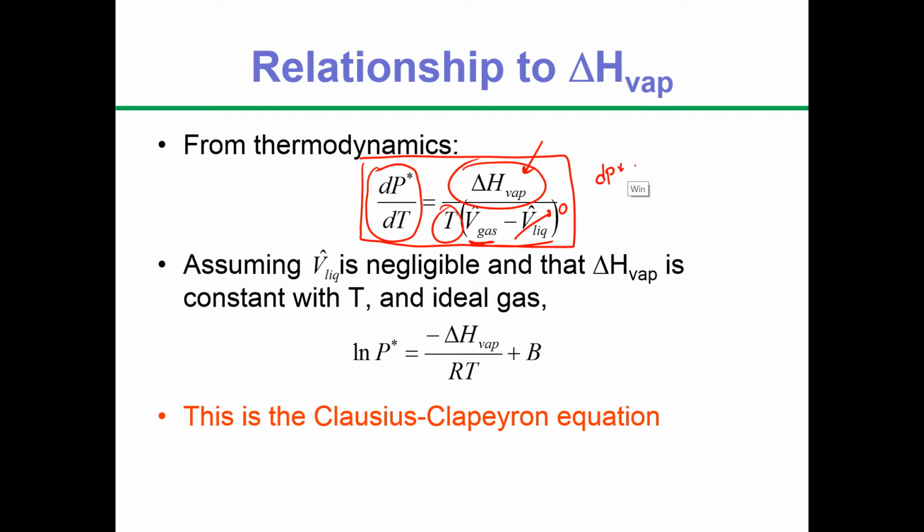That's going to equal delta H of vaporization over temperature, and the specific volume of gas. So let's go ahead and use our ideal gas law. Let me get rid of this n here. If we have a specific volume, it's just P times V hat equals RT.